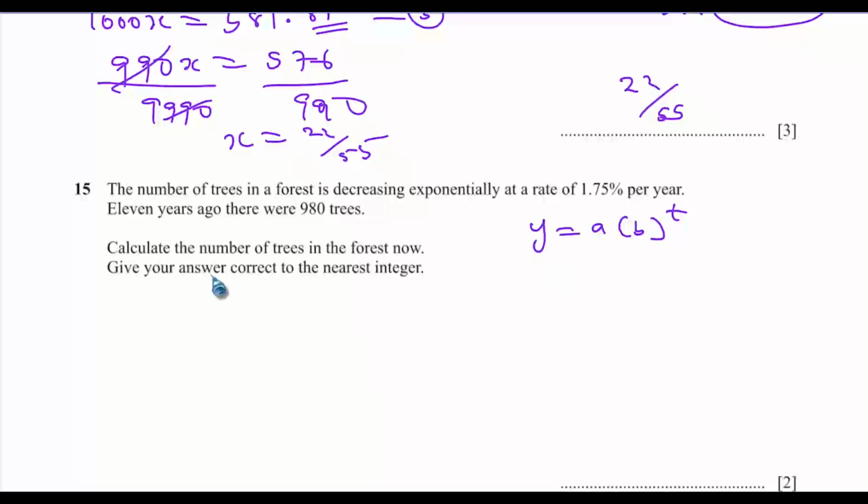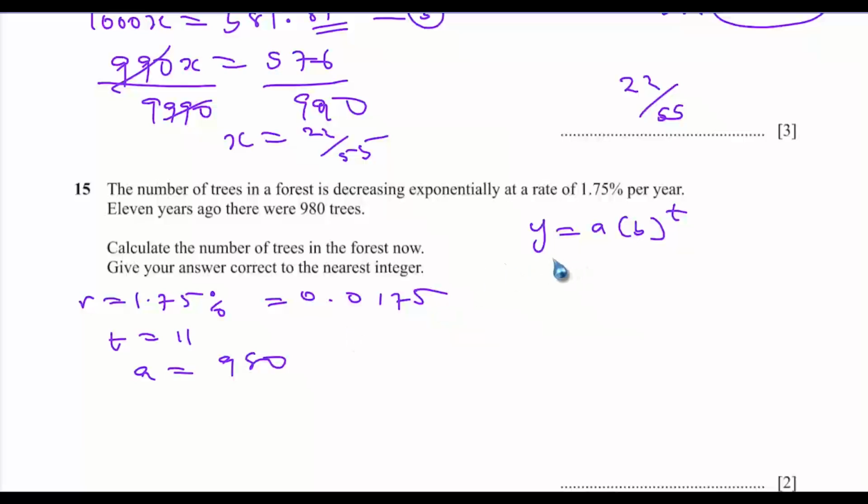Okay, so if you write out the parameters here, r is equals to 1.75%, and this is the same as 0.0175. Okay, and the time t is given as 11 years, and the initial value, which serves as the principal, will be A equals to 980.